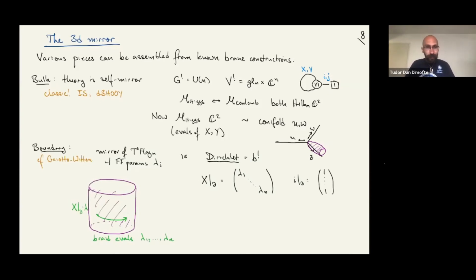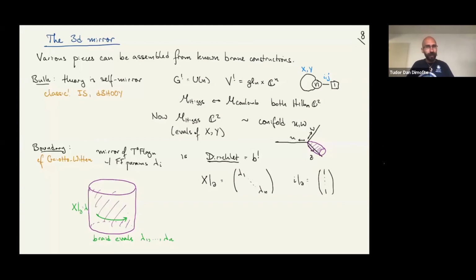The boundary condition can also be analyzed through a local brane construction. And unsurprisingly, as anyone who's learned about S-duality of boundary conditions in 4D knows, the mirror of that seemingly complicated T-star flag boundary condition is pure Dirichlet. It's a boundary condition that simply breaks the gauge group at the boundary and fixes half of the hypermultiplet fields.